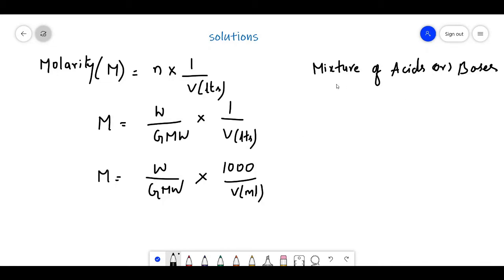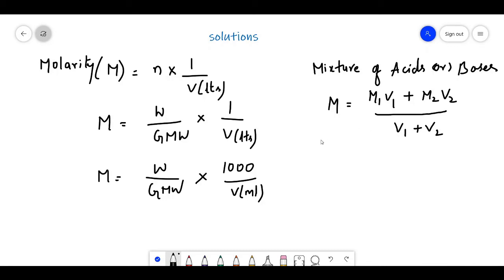Then we can calculate the final molarity as M is equal to M1V1 plus M2V2 by V1 plus V2. If three acids are mixed, you can take this as plus M3V3 by V1 plus V2 plus V3.